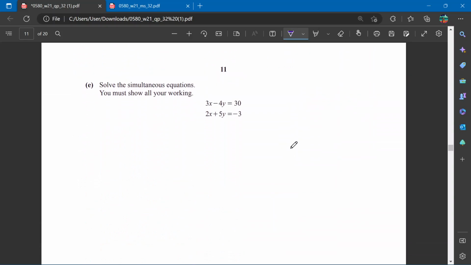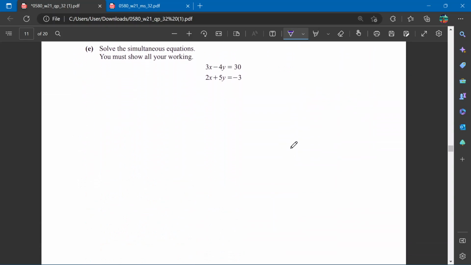Alright. Question E, simultaneous equations. Alright. They've already nicely lined up the x's and the y's for us. Okay, so here it shows that the elimination method would work best. Elimination method is where we add or we subtract the two equations to try and eliminate the x or the y. Then we could solve the other one.